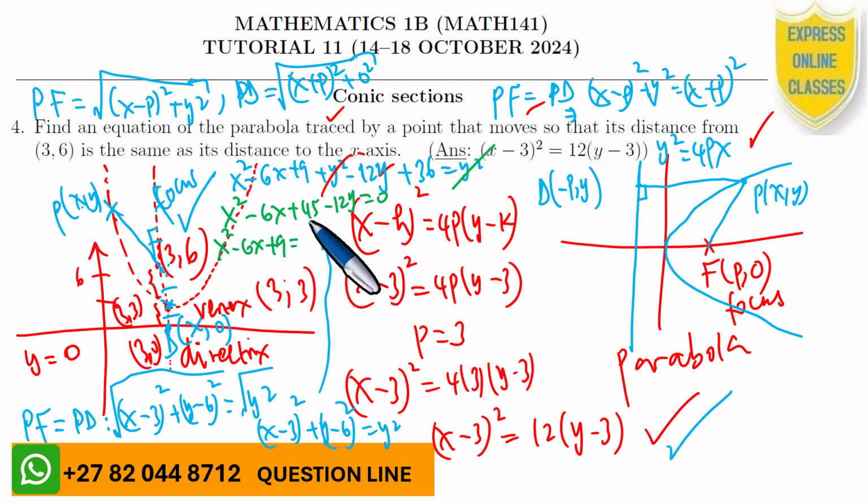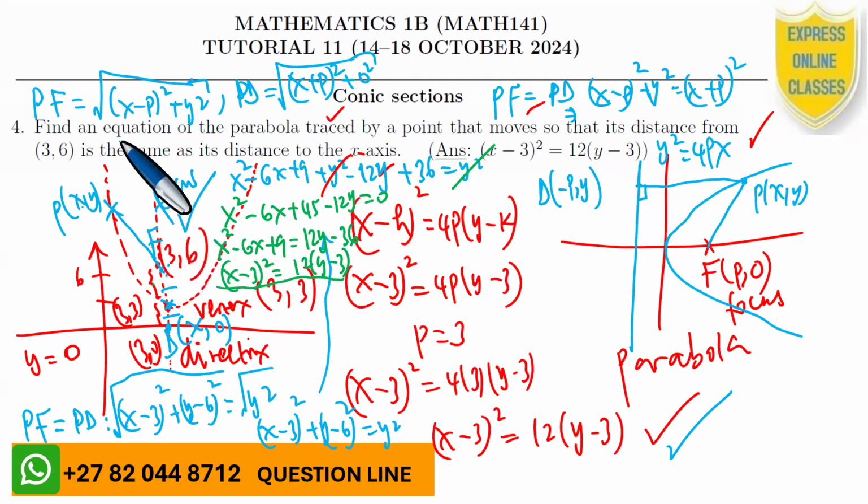We perform a split. So if we split 36, it's going to be 12y minus 36. x minus 3 squared equals 12 into y minus 3. I just wanted to make sure that we can see everything we've done. So obviously it becomes the same answer.